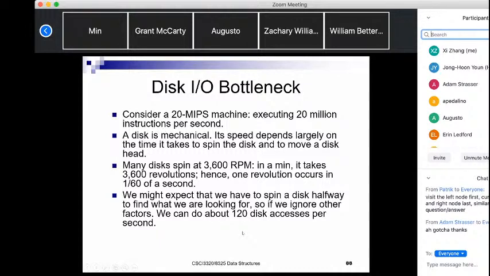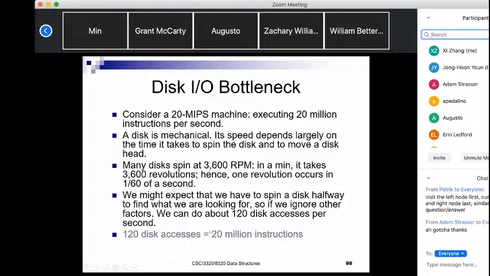So here, 120 disk I/O operations are equivalent to 20 million instructions. Disk I/Os are extremely expensive compared to CPU operations. So we try to minimize disk I/O operations by adding more complexity in the algorithm or in the code.